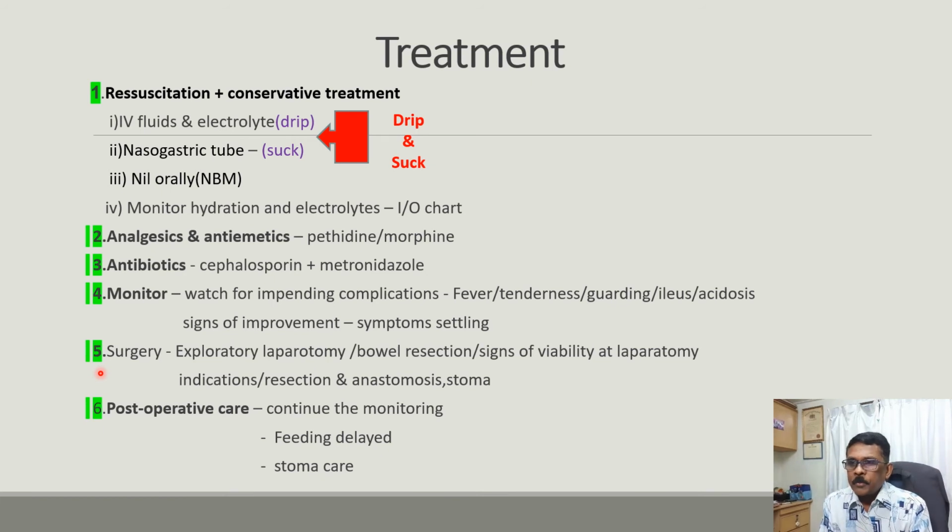In this respect, it's important that you know how to distinguish bowel which is viable from non-viable. And finally, post-operative care is equally important. The patient must be monitored, feeding must be delayed, and if there's a stoma, it must be taken care of.